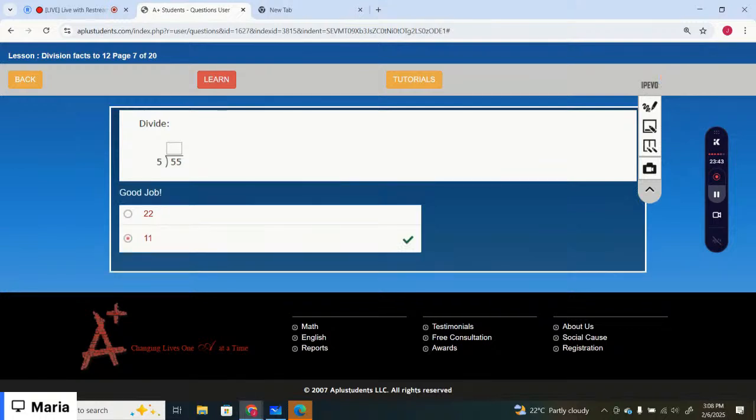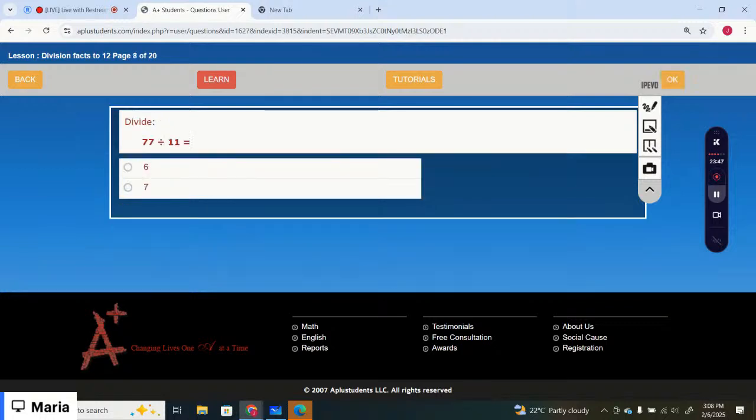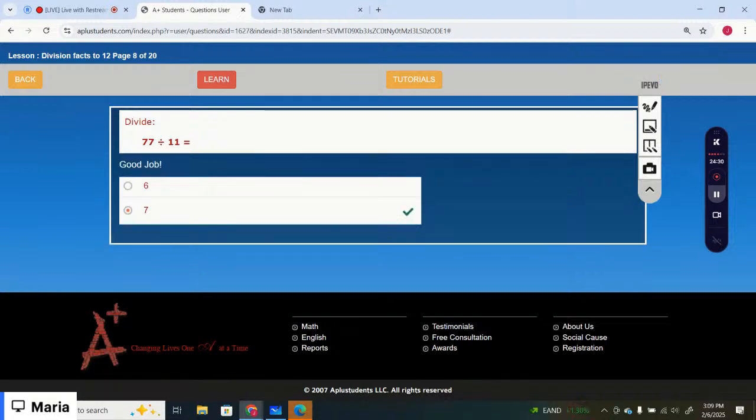Option number 2 is the correct option. 77 divided by 11 equals 7, because 11 times 7 is 77. Option 2 is the correct option.